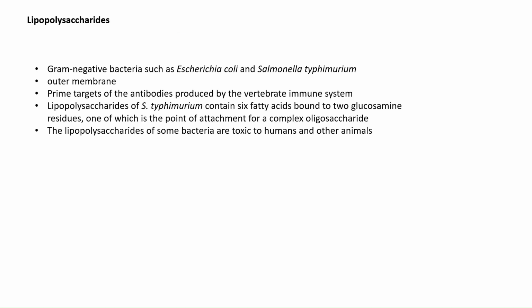Lipopolysaccharides are found in bacteria. The gram-negative bacteria such as E. coli and Salmonella typhimurium contain lipopolysaccharides on their outer membrane. These lipopolysaccharides act as a prime target for antibodies. Whenever these gram-negative bacteria attack us, our immune response will produce antibodies to protect ourselves, and those antibodies are targeted at the lipopolysaccharide. Hence, the lipopolysaccharide can be used for serotyping, for the identification of these two particular microorganisms.